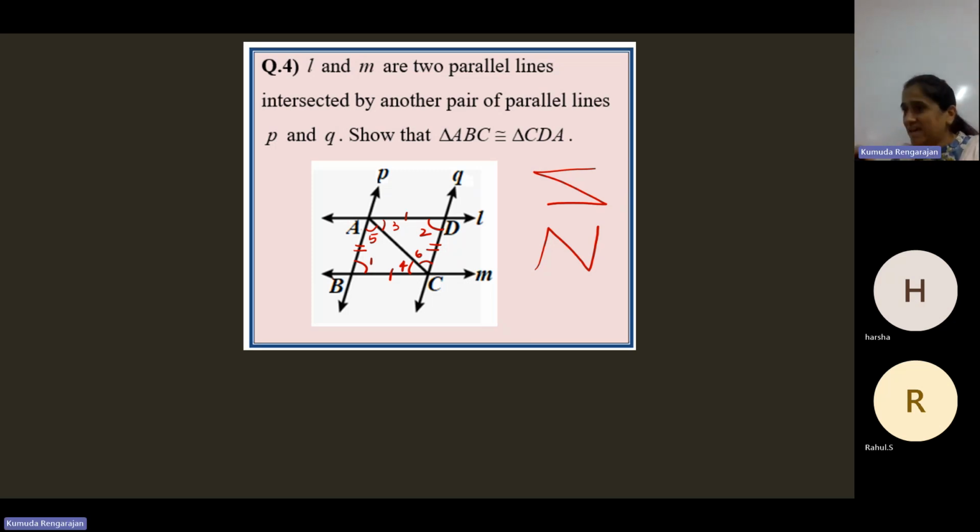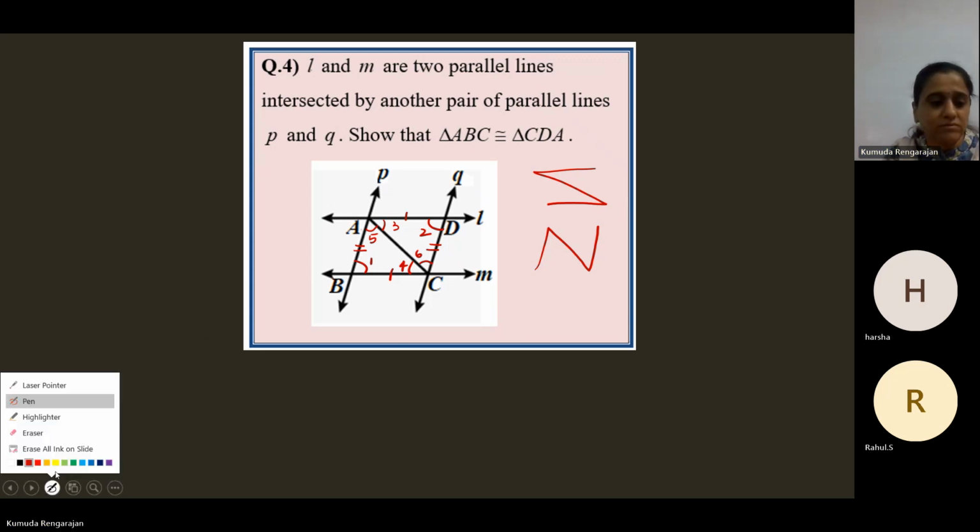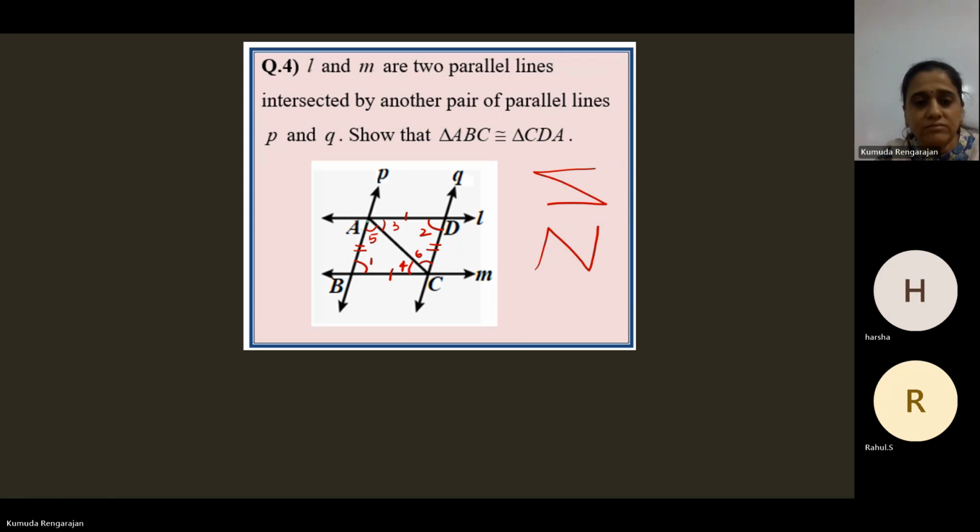Now, they want you to show that these two triangles are congruent.